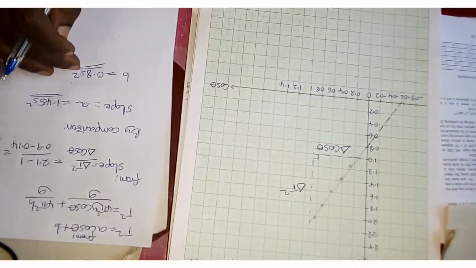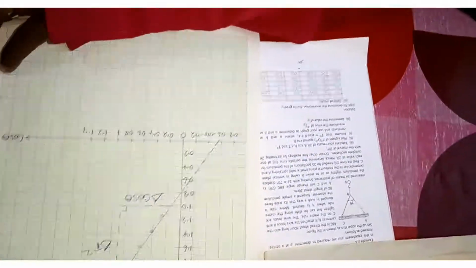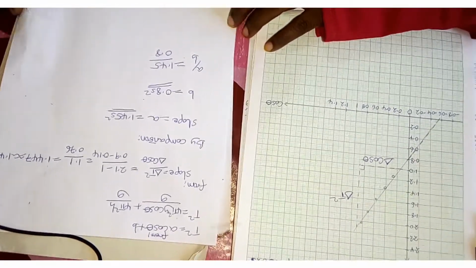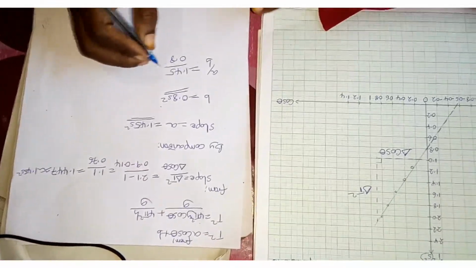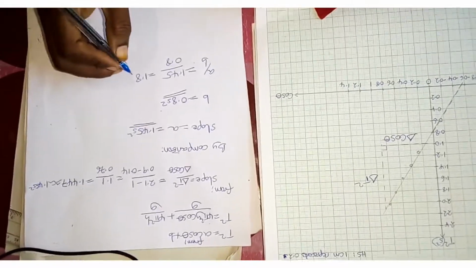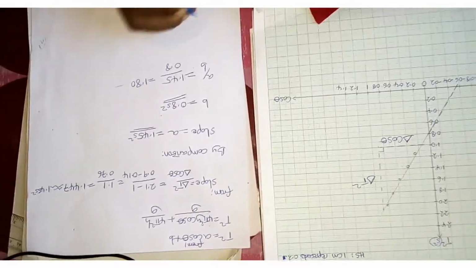So we have the value of a and the value of b. Then evaluate the value of a over b. So a over b here is given by 1.45 dividing by 0.8. Here we have 1.80 na values zingine zinaendelea.